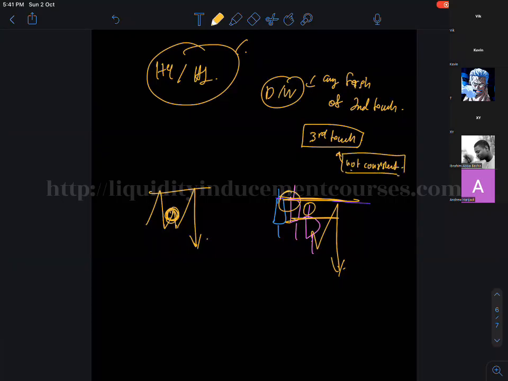So for daily and weekly, any fresh level or any second touch level. Third touch, stay away. But let's say this is a level that has been touched 2 times already. It made the level here, and then it touched second time. If you come here, just ignore.